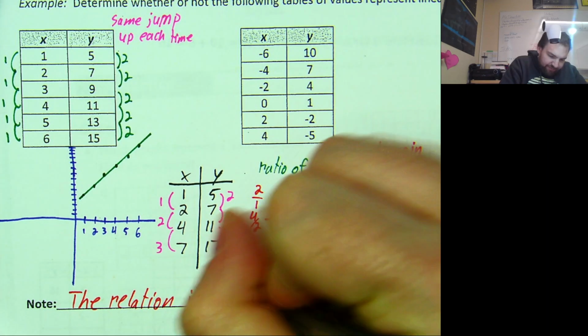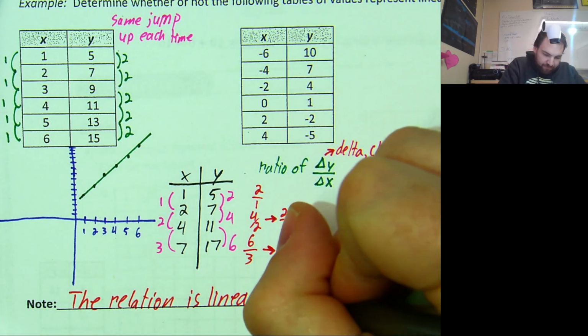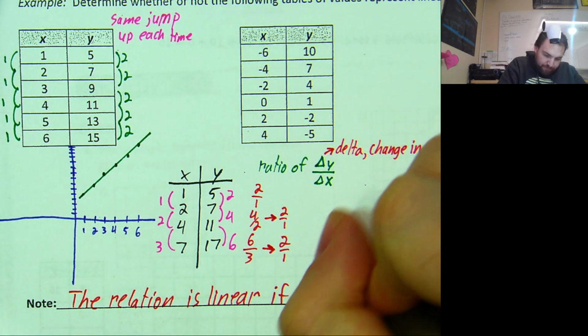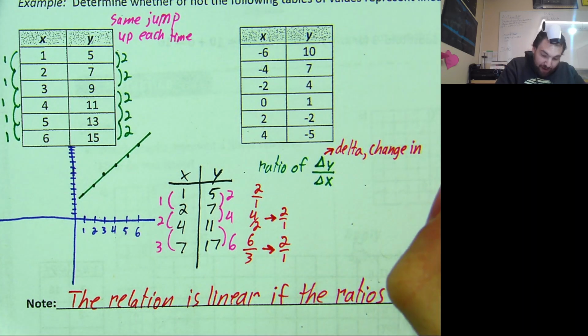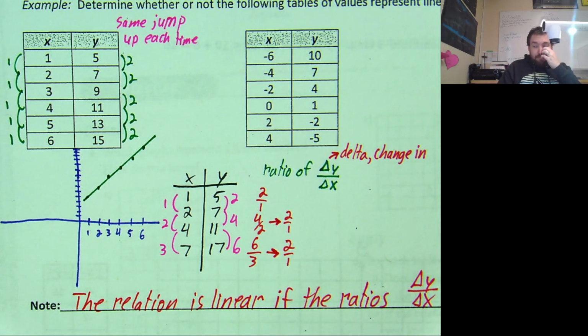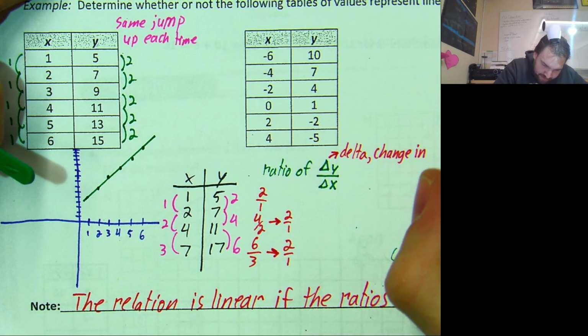The relation is linear if the ratios, and I'm going to write it as this, and then I'm going to put this on top. This represents a change in y.